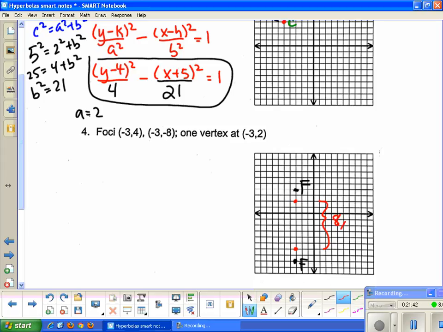So that means that half of that is equal to 4. So if I count down 1, 2, 3, 4, I can find the center. So the center would be right there at -3, -2. So I guess I should write center so we don't get confused with the c value.